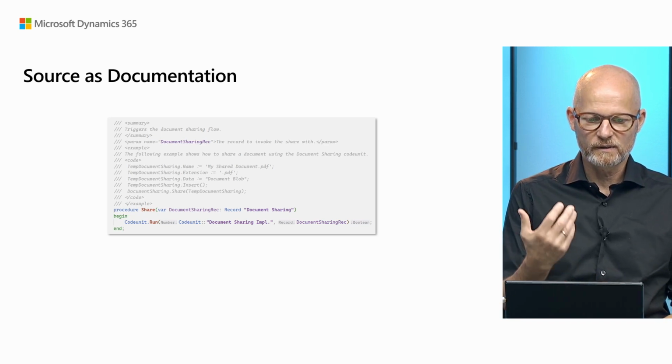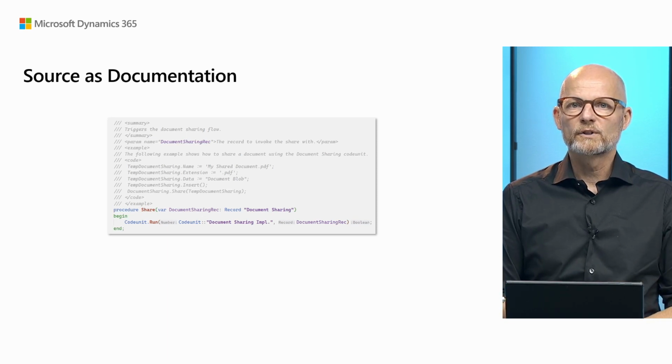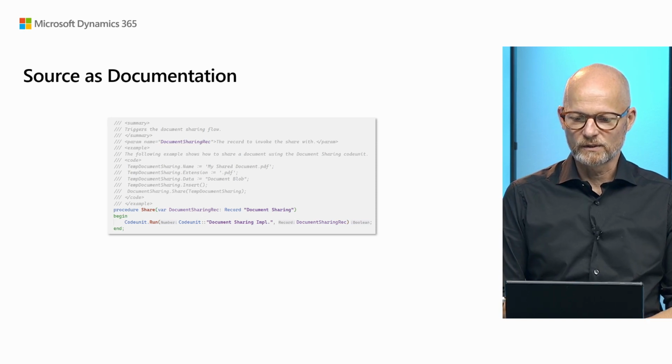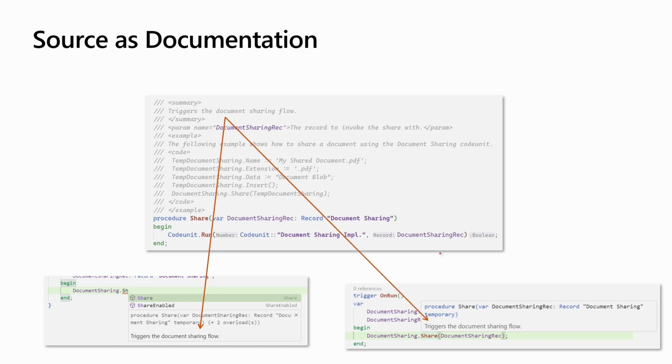As you can see here, it already contains some valuable information, which is interesting to use in documentation. And as you can see here, today we only surface this information in IntelliSense in the code editor, for instance, either when hovering or also when using the signature help.